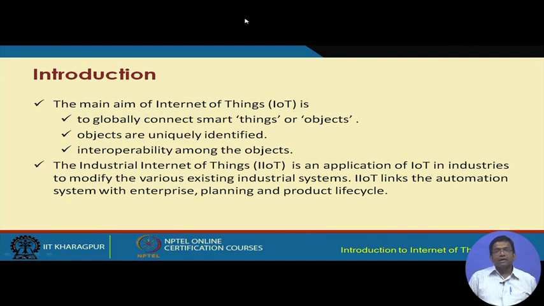Let us try to understand IIoT vis-a-vis IoT. As we have already understood through the previous lectures, the main aim of IoT is to interconnect different things, which are different objects or smart objects. What is required is to globally connect these smart objects, so that the objects are uniquely identified and able to interoperate between themselves.